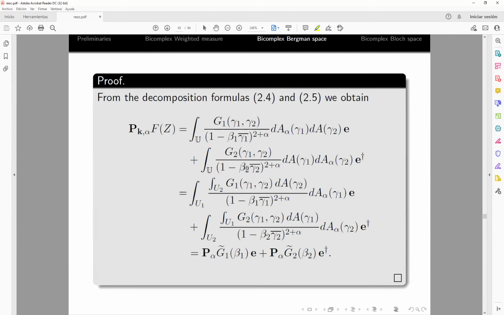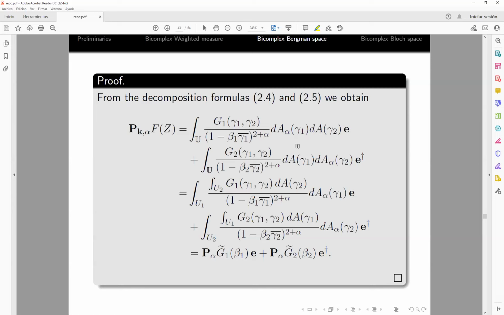You can see here the Bergman projection of F, in idempotent notation. The integral is on the disk, but we have d sub alpha gamma 1, and this is the usual normalized Lebesgue measure of the unit disk.